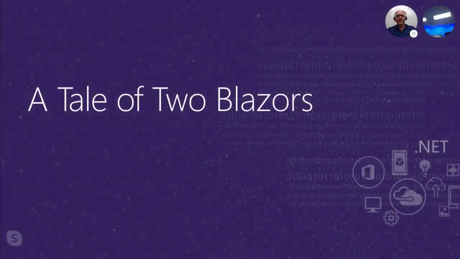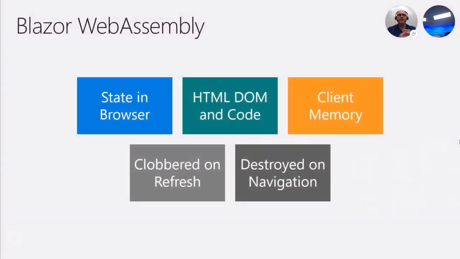Now, as people working with Blazor know, there are 2 different Blazor flavors, if you will. And the first one is Blazor WebAssembly. This is the client-side Blazor. This is what is still in preview, but it is that Blazor that runs completely inside your browser. When you're running Blazor WebAssembly, the state of your application is retained inside the browser's memory.